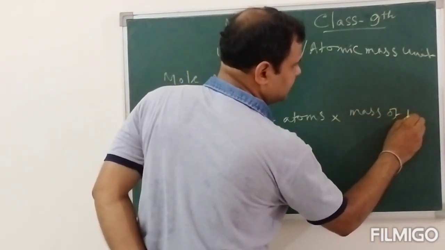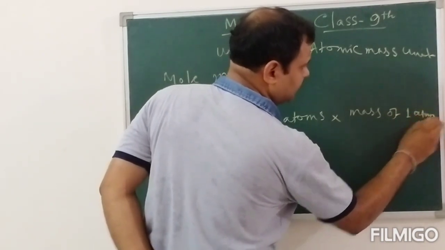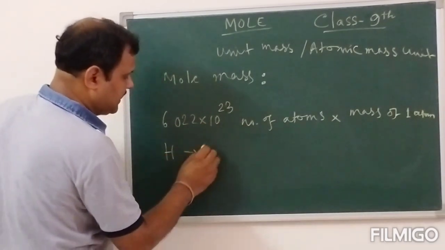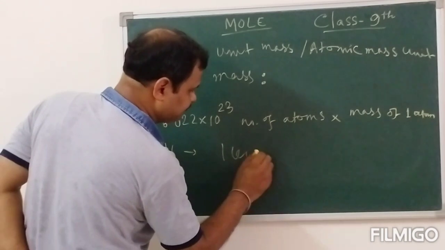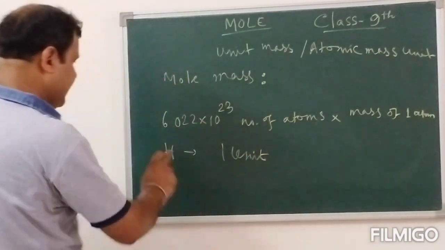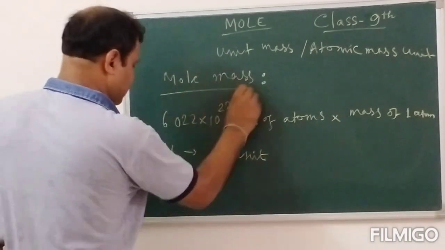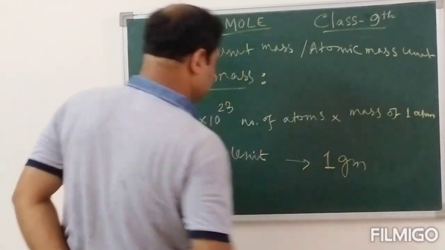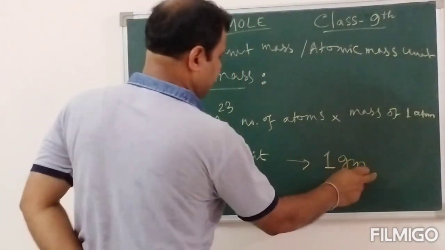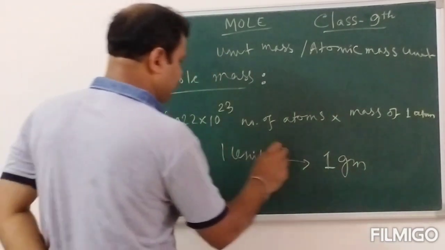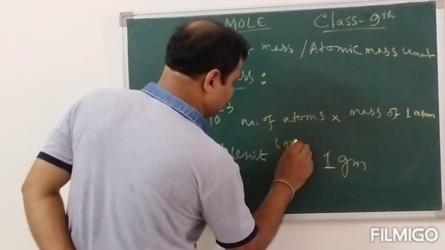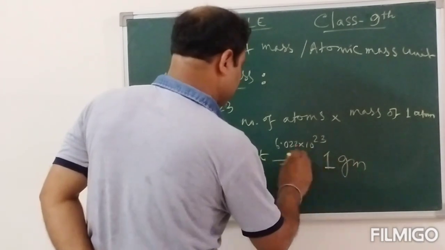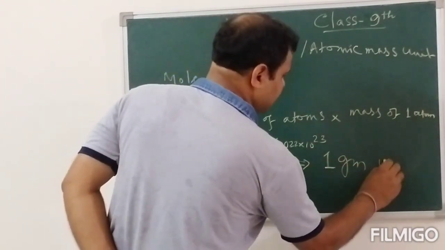In the case of hydrogen, we have seen the mass of a single atom is 1 unit, so the mole mass will be nothing but 1 gram. It consists of 6.022 into 10 to the power 23 particles. It is nothing but 1 gram of hydrogen atoms.